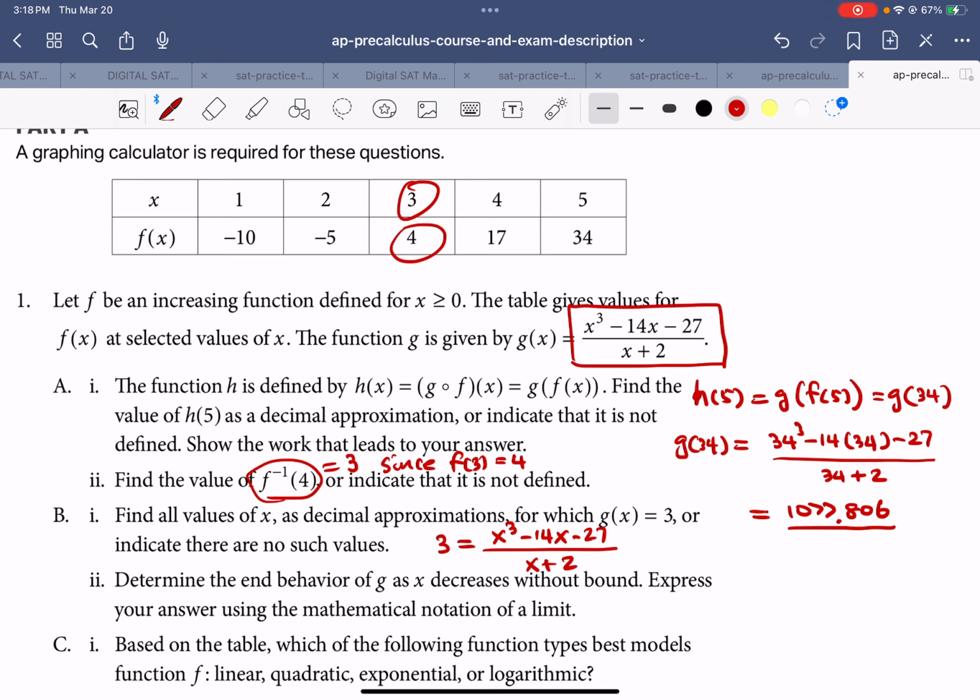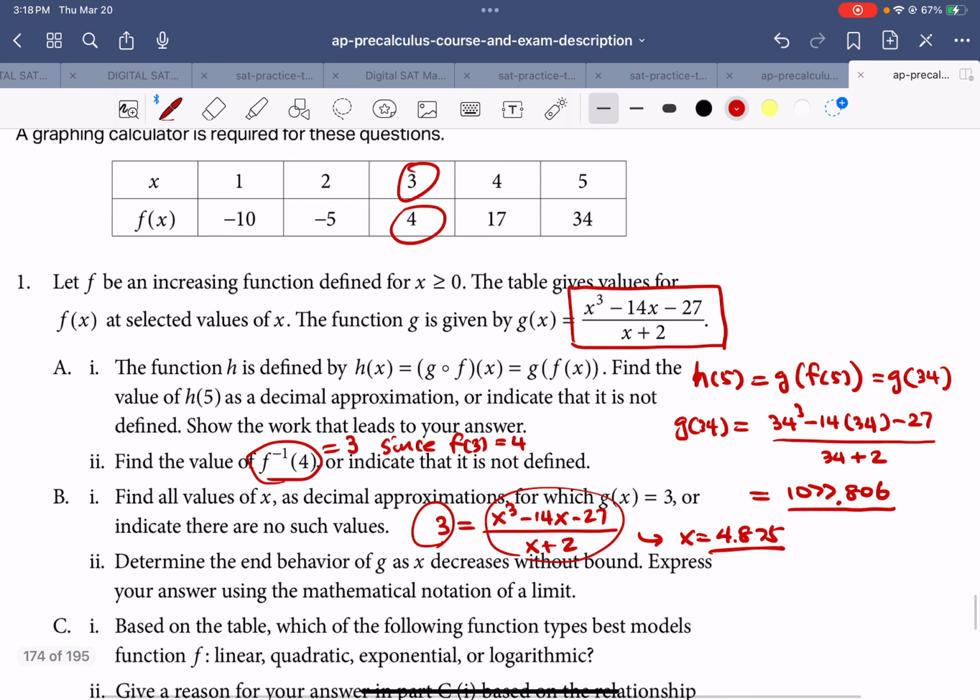You can multiply it out and solve for x, or since the graphing calculator is allowed, you don't need to do much simplification. You can just graph this one in decimals and graph this one also and find the intersection. Or if you use a TI-Nspire, you can just use the solve function, and then you can get the x value. If you type it in, you get around 4.875, 3 decimal places.